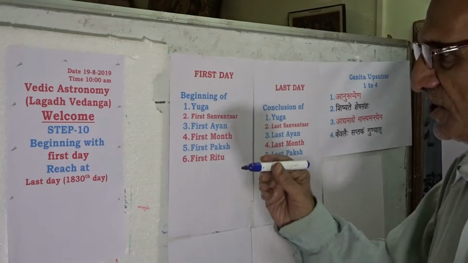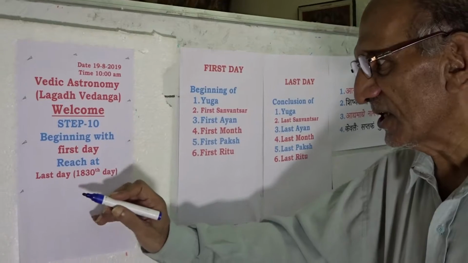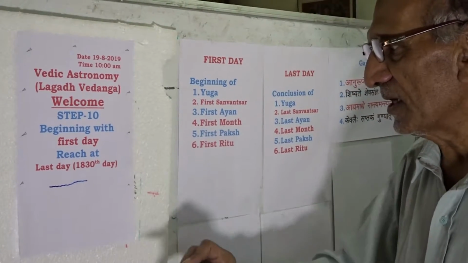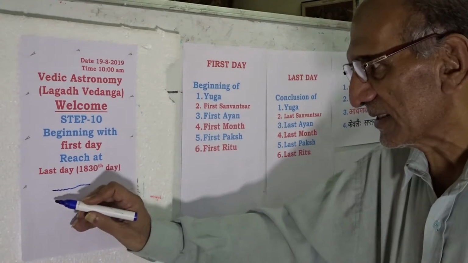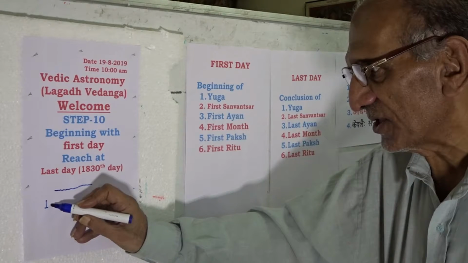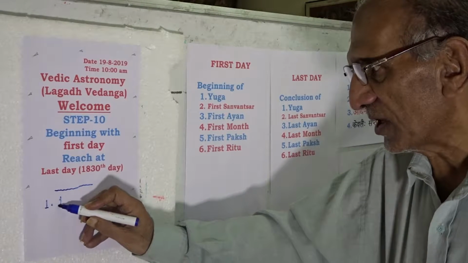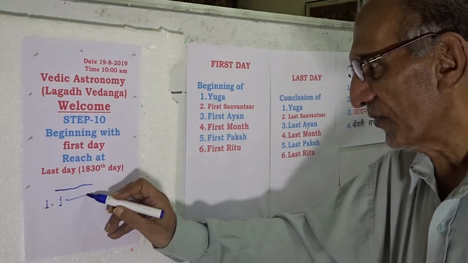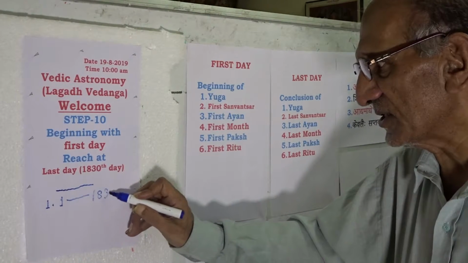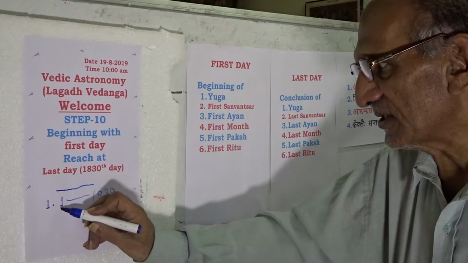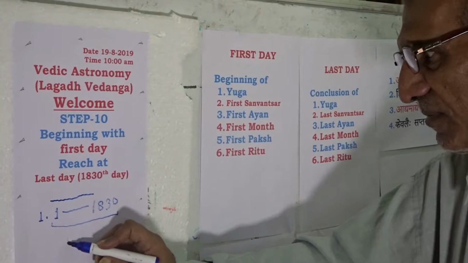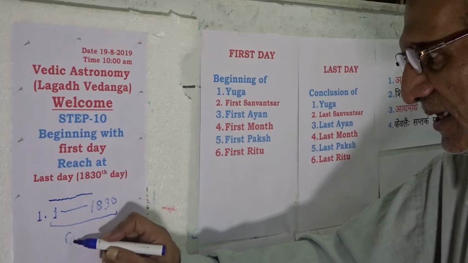This initiation being as such, let us open a new page in our notebook and make it a specific mention that we are going to cover a range of 1830 steps, each step being a day, or formally technically a tithi.